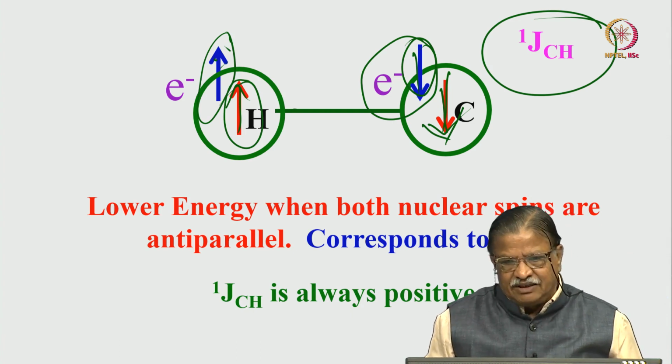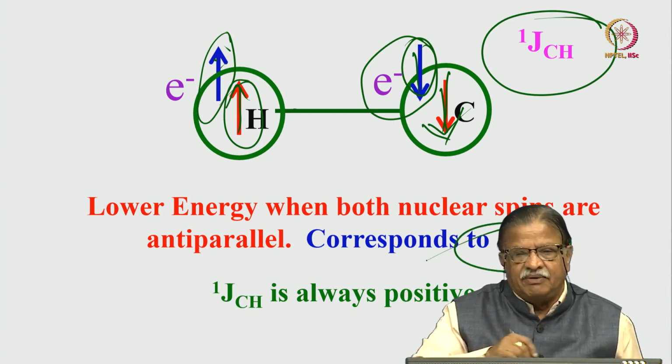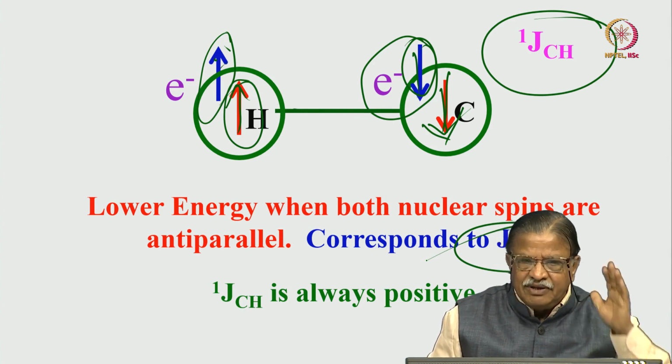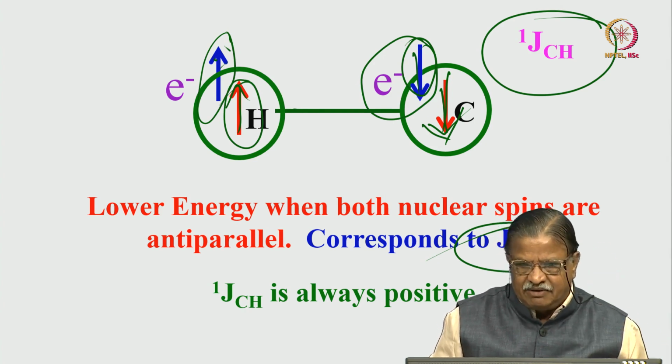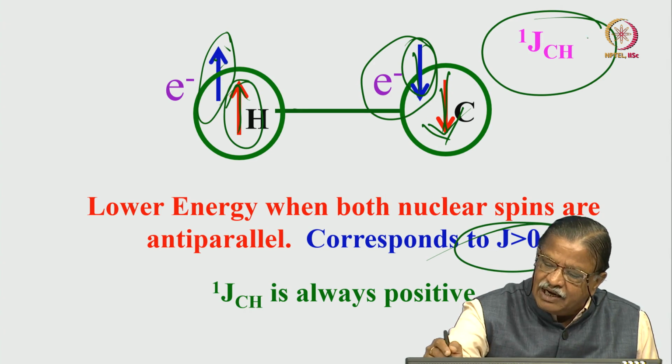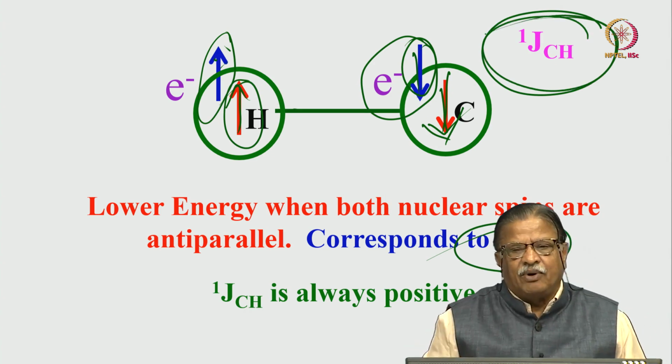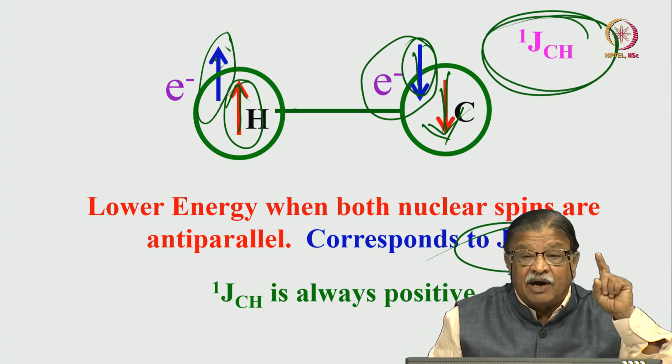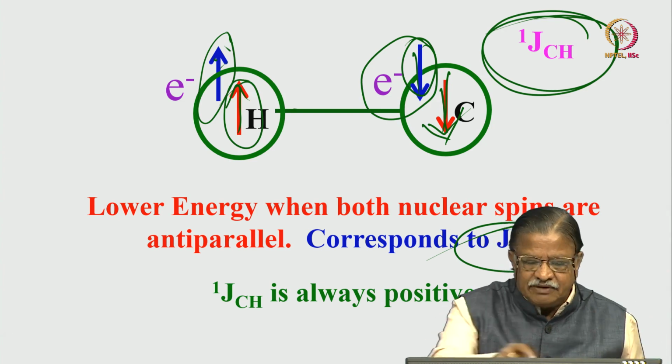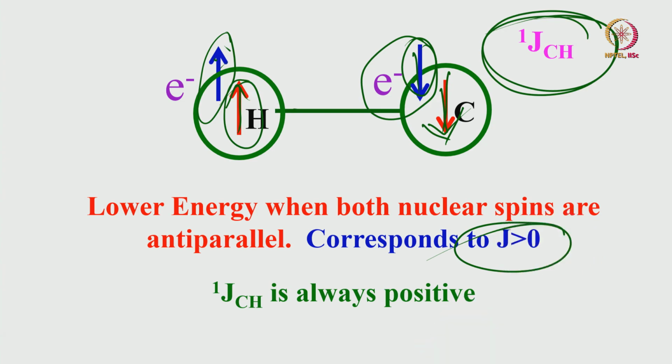That is a situation where coupling is positive. Coupling is positive means it is a stable, lower energy state. So if I consider one bond carbon proton coupling, it must always be positive, because of this Dirac model we can understand. So, one bond carbon proton coupling is always positive.